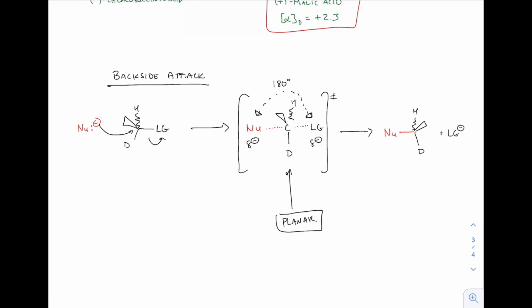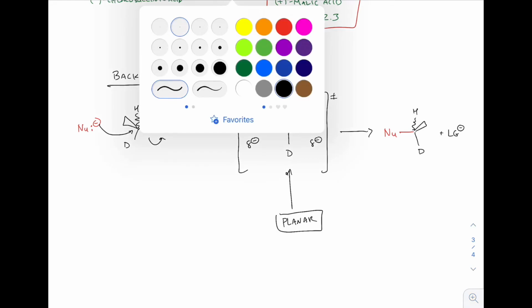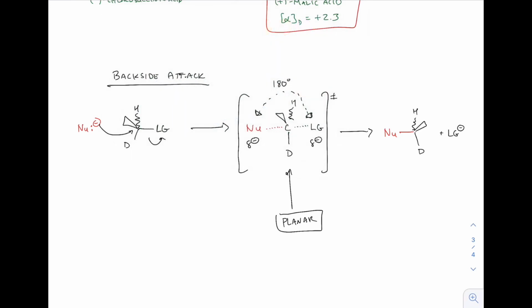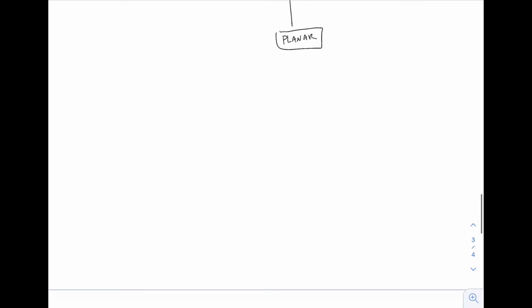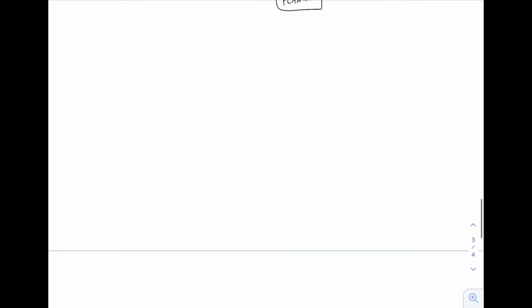So remember, like charges repel one another, and so when that nucleophile comes in from the back, it's actually approaching in the lowest energy mechanism possible, because there's no repulsion between that nucleophile and the leaving group. And this supports the idea that an Sn2 reaction would be a backside attack.